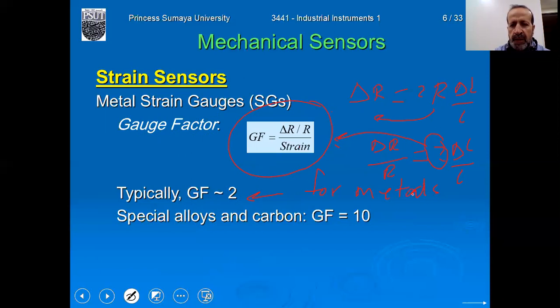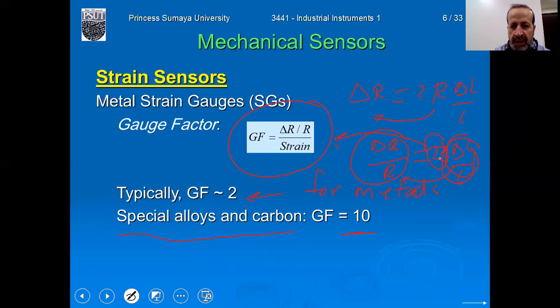Okay. And for special alloys and carbon, maybe the gauge factor will be 10. So again, the general formula for gauge factor is delta R over R divided by delta L over L, and you get 2 for metal.